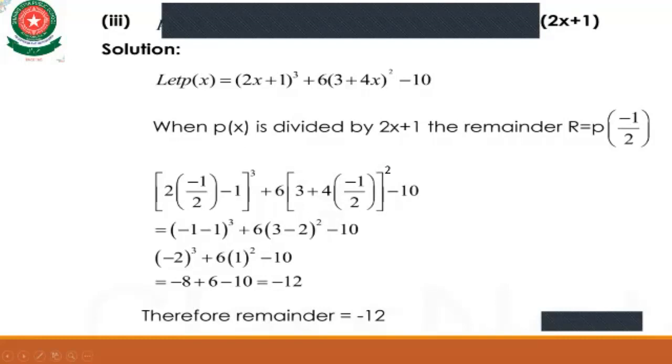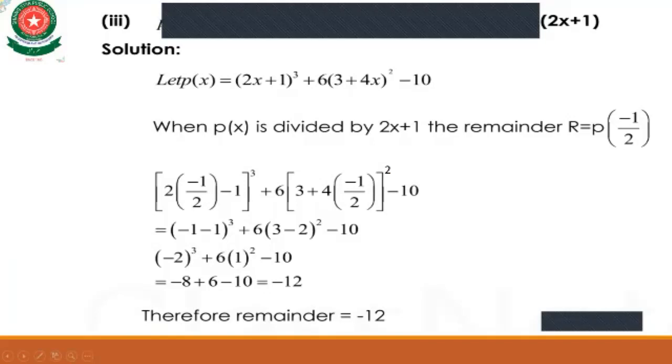Minus 2 whole cube plus 6 into 3 minus 2 is 1, minus 10. Minus 2 cube is minus 8, 6 ones are 6, minus 10. The answer will be minus 12. The remainder is minus 12. Minus 12 is the remainder of the given polynomial p of x.